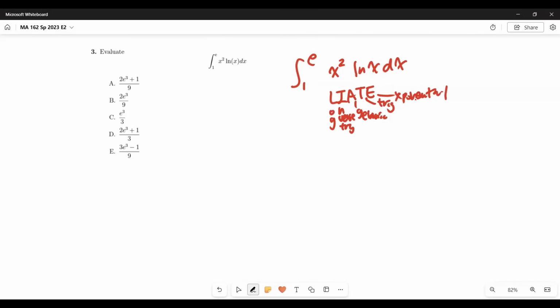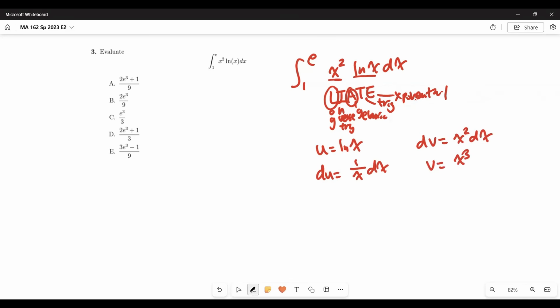You choose from left to right in this order to choose your u. Since we see ln x, this is L, and x squared is A, so we see a logarithmic function and an algebraic function. So L comes first, so our u will be ln x, and du will be 1 over x dx, and dv will be x squared dx.